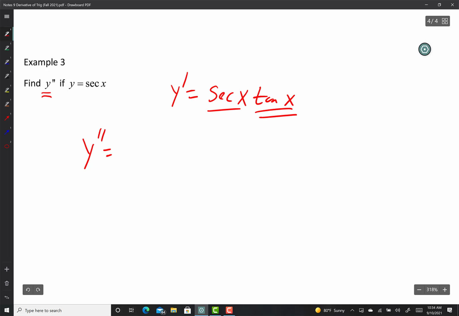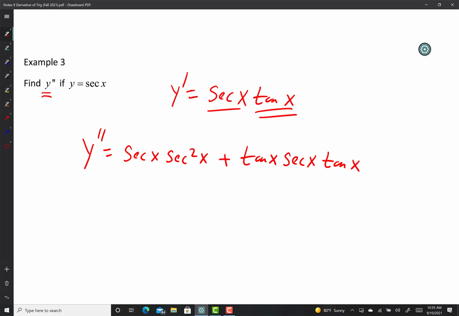Product rule. Underline the first, double underline the second. So here we go. First, secant x times derivative of the second. What's the derivative of tan x? Secant squared x. Plus the second, tan x, times derivative of the first. What's the derivative of secant x? Secant x tan x.